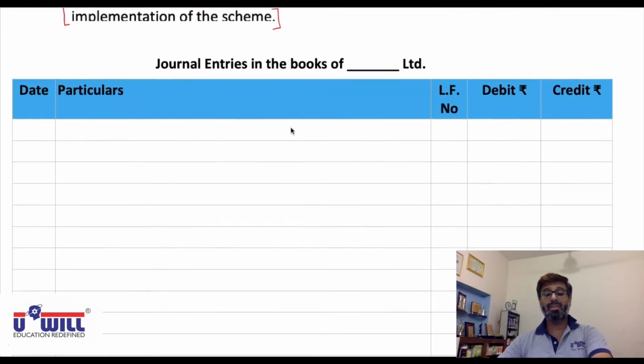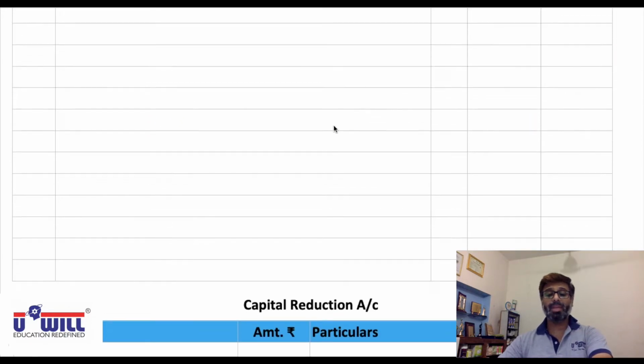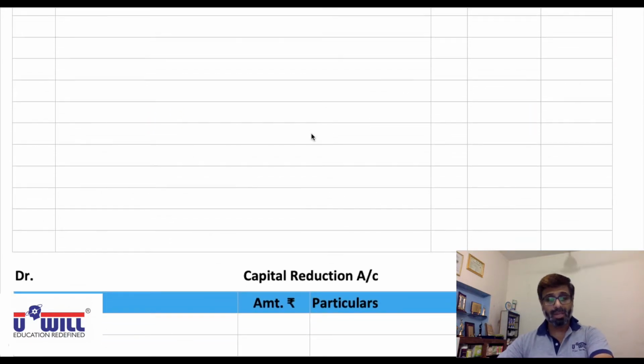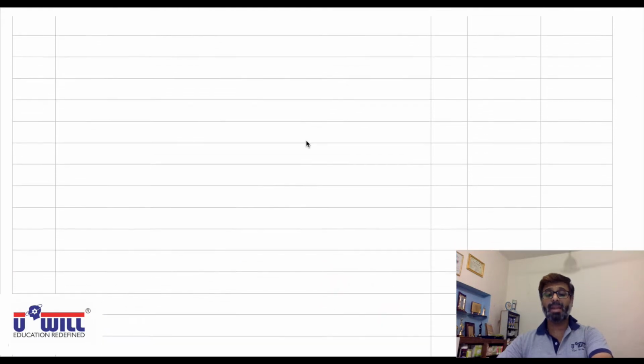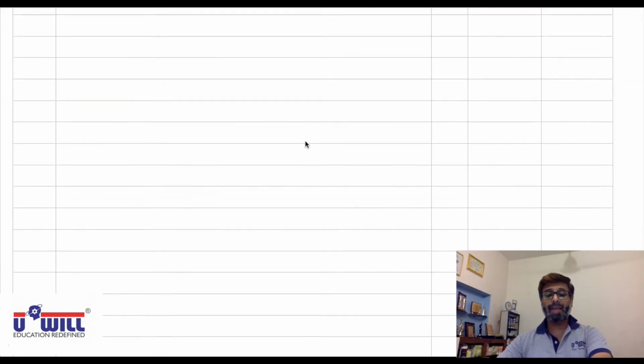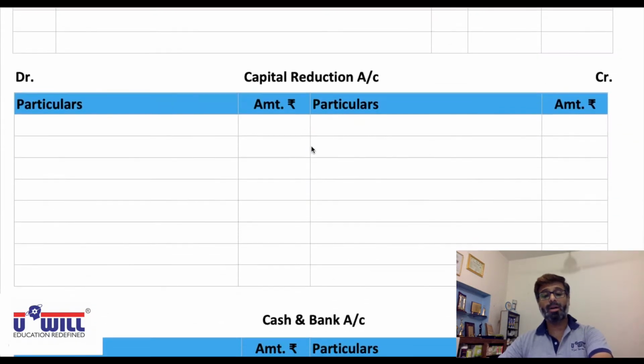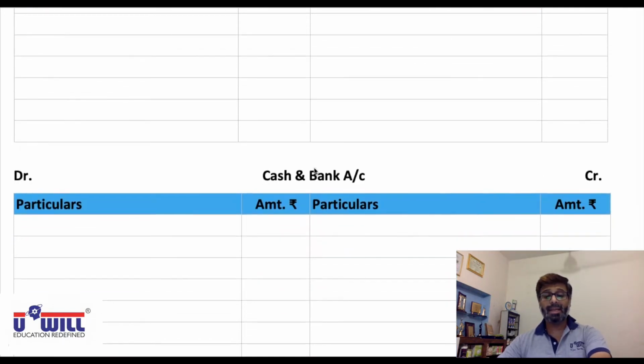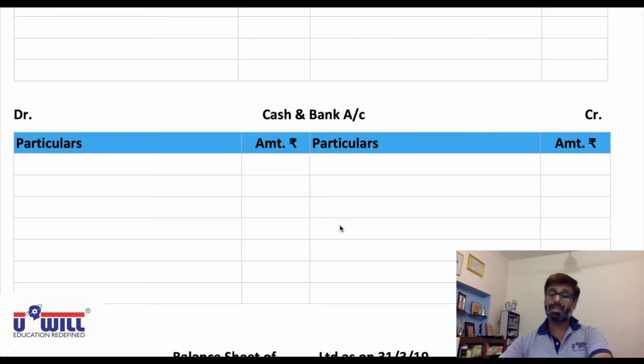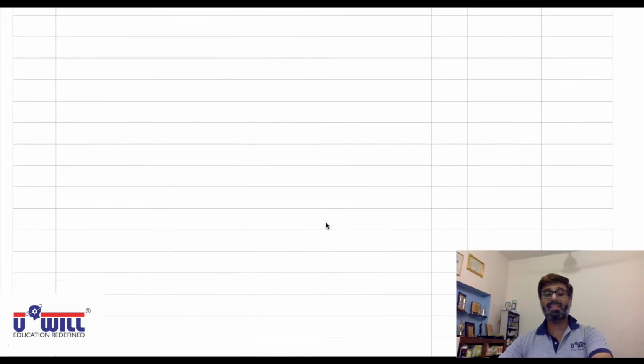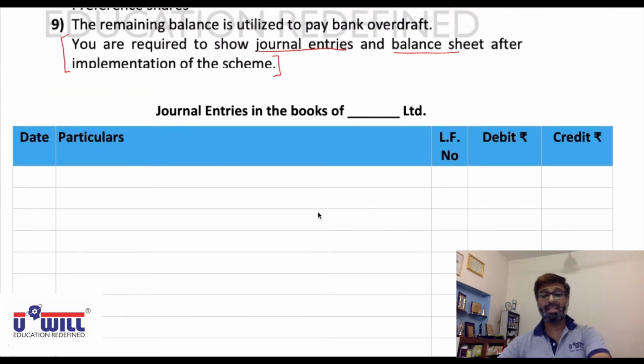One is the journal entries format, which you can make for 2 pages. Capital reduction account you can make around 10 to 12 lines, and cash and bank account also 10 to 12 lines. Make these formats, then we start with the question. Pause the video and make these 3 formats: journal entries, capital reduction account, and cash and bank account.